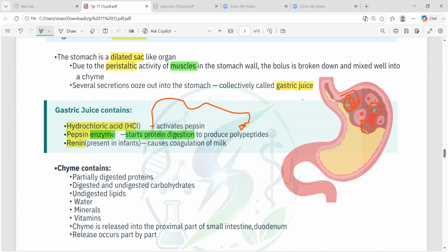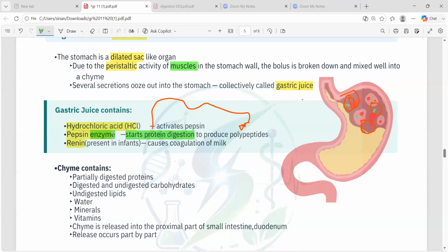That is mainly due to the renin, because it is involved in the coagulation of milk. It makes the milk somewhat thicker after the food has been digested. By the process of coagulation, the feces become semi-solid. In adults it's solid, but in infants it is semi-solid.